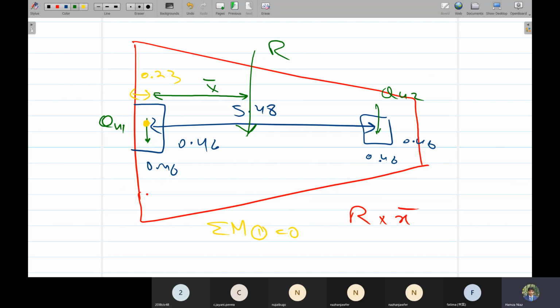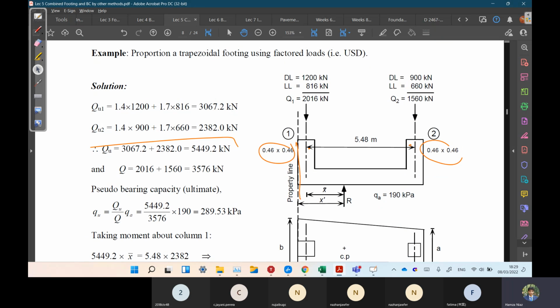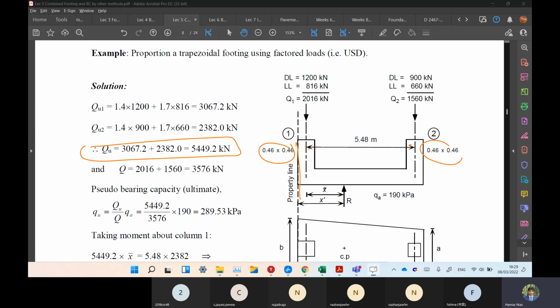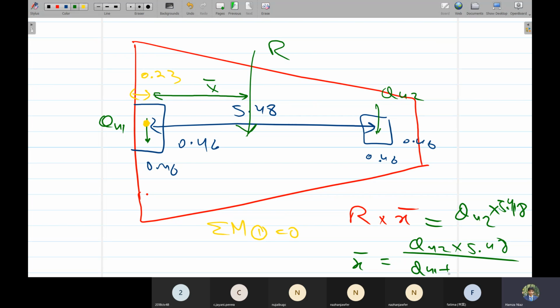The resultant moment is equal to QU2 into 5.48, the spacing between the columns. So X bar would be simply QU2 times 5.48 divided by the resultant. The resultant is simply Q ultimate, that is QU1 plus QU2. So we can find X bar from this value.